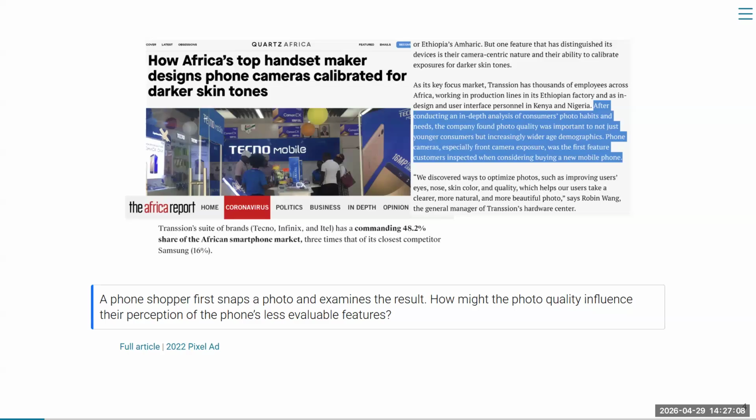And so what did Transsion do as a result of that customer insight? They tuned their default camera settings to optimize the various choices to take great photos of people with darker skin. And that's how they ended up with nearly half of African smartphone sales.